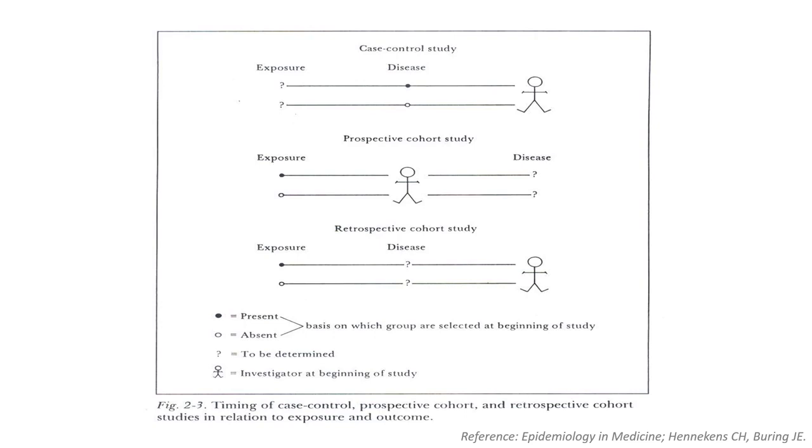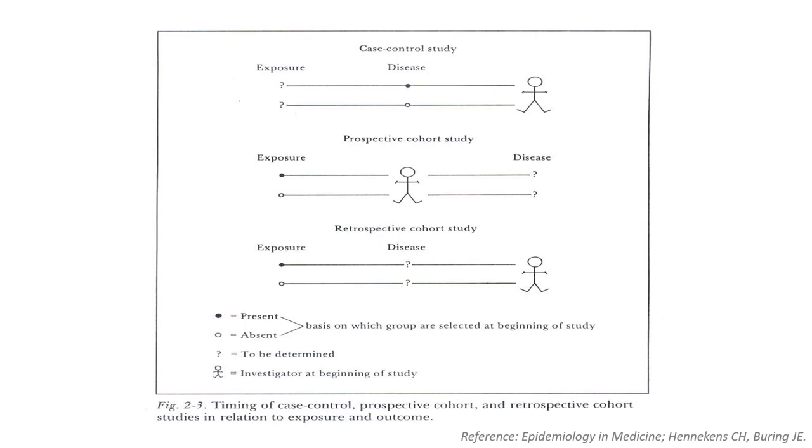So the investigator, or you, when you are starting the study, both exposure and outcome have occurred. You divide the participants as cases and controls, having the disease or not, and then you go further back for their exposure history.